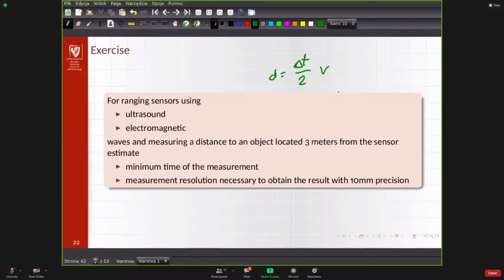Roughly, does someone remember? Just to simplify, it's 330, but let's say it will be 300, so 3 times 10 squared meters per second.